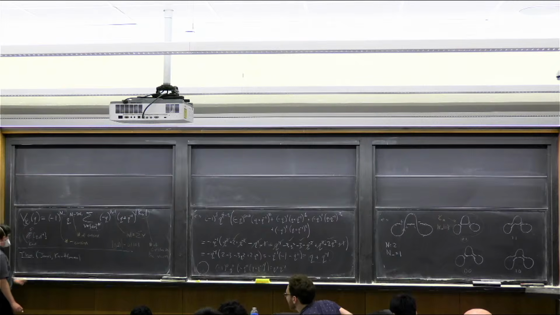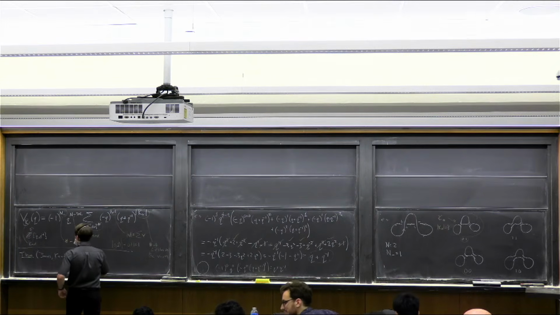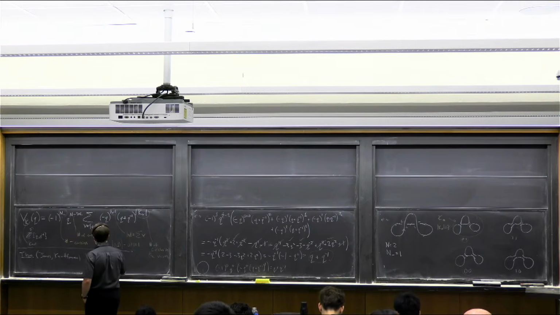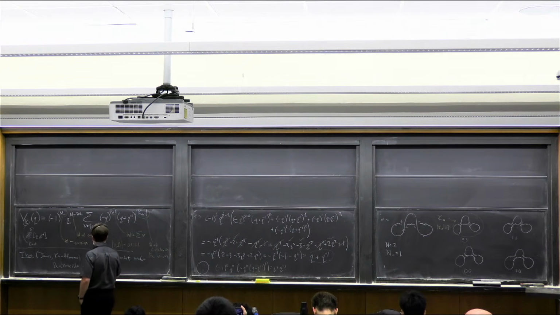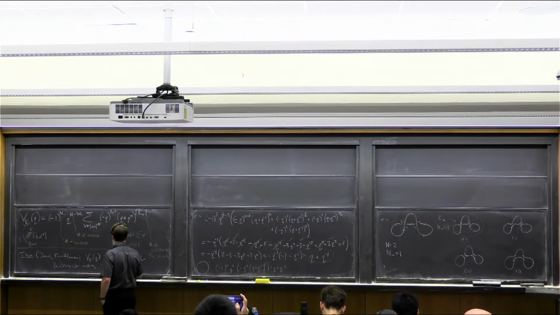So Jones, except this version due to Kauffman, V_K of q is invariant under Reidemeister moves. Hence, it is an isotopy invariant of knots.